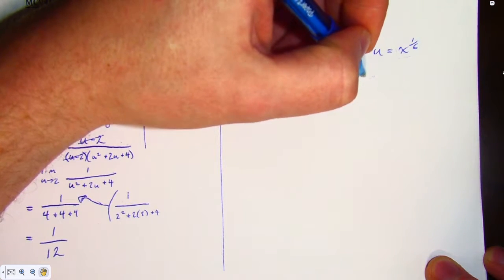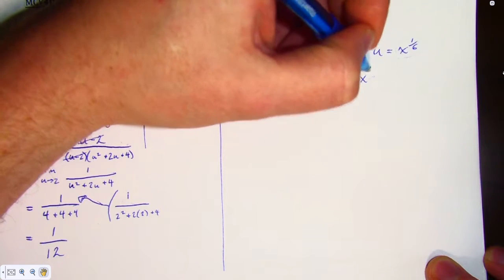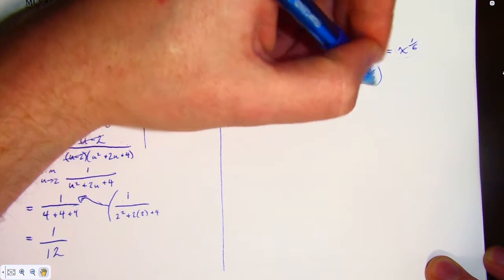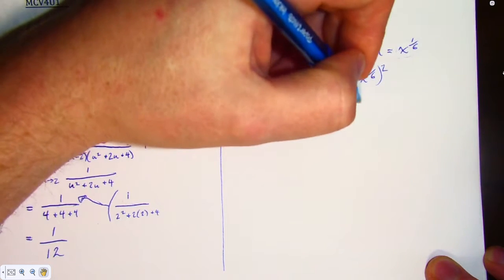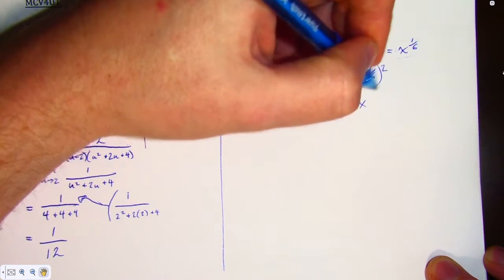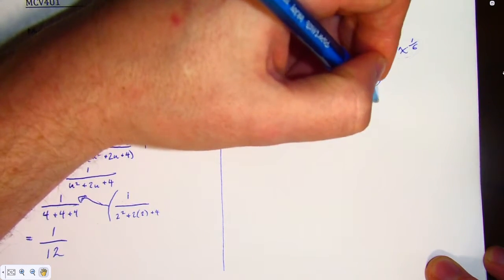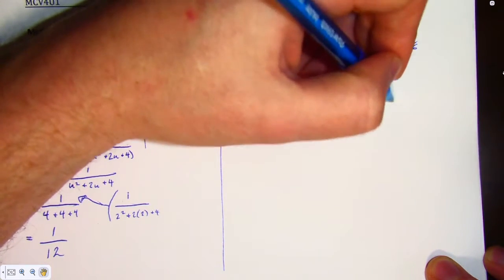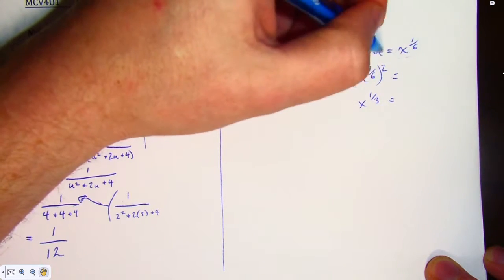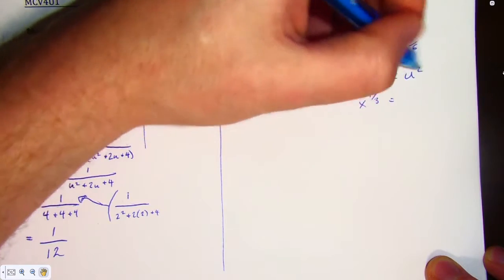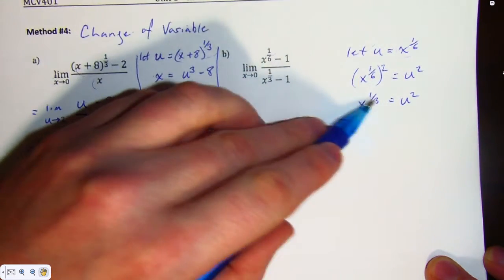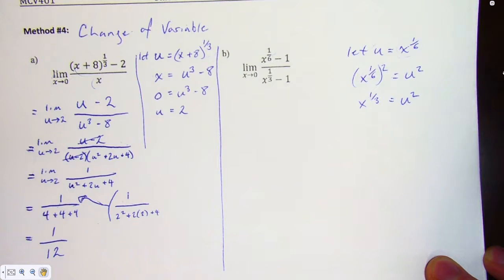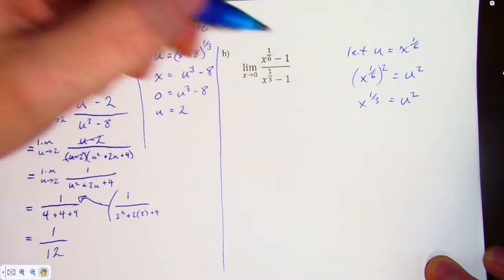Well, that would be x to the 1/6, and then we would square it. Because if we square that, it becomes x to the 2/6 or x to the 1/3. And so if we're squaring that, then we're squaring this, so we're left with u squared. So x to the 1/3 is equal to u squared. And this is actually going to work out very nicely.